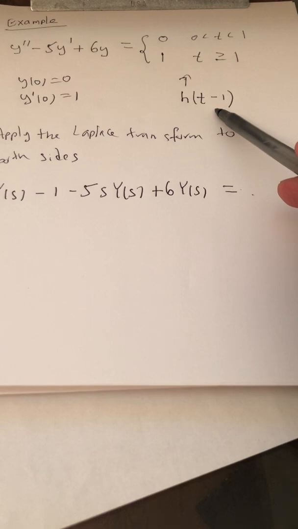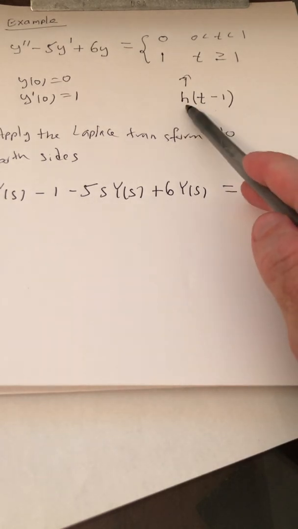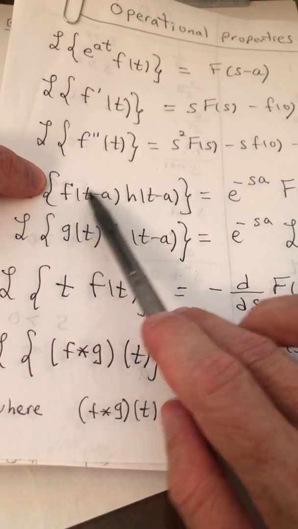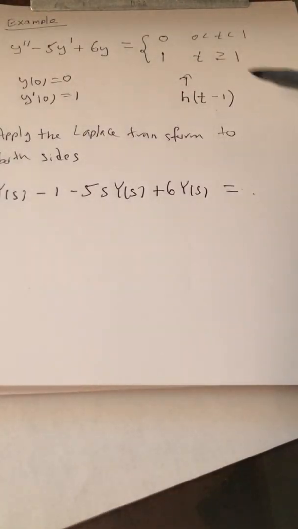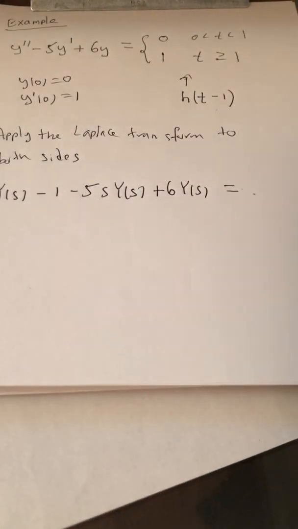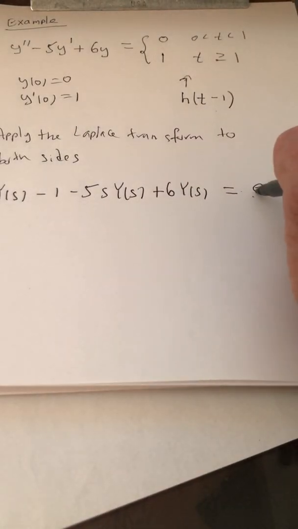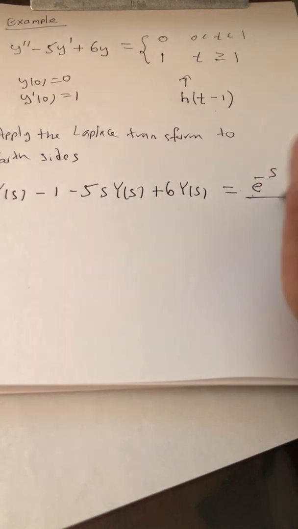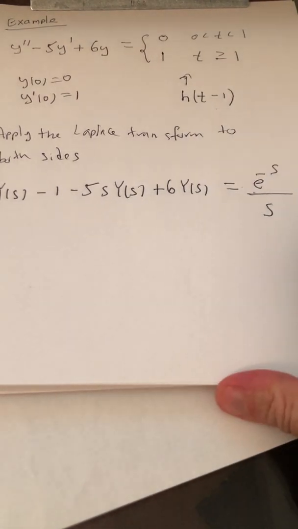So on the right hand side, think of it as just being 1 times h of t minus 1. And remember that the Laplace transform of 1 is 1 over s. So we're going to have 1 over s times e to the negative s. So the right hand side again is e to the negative s divided by s.